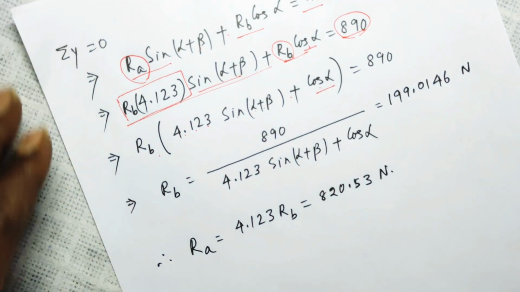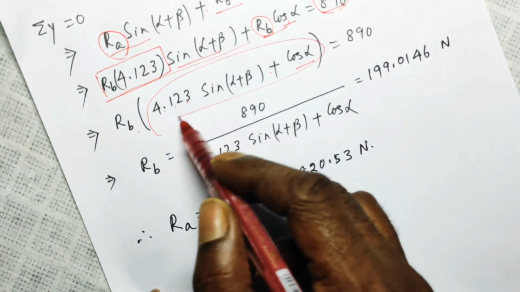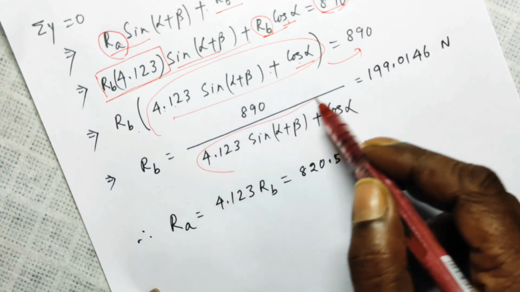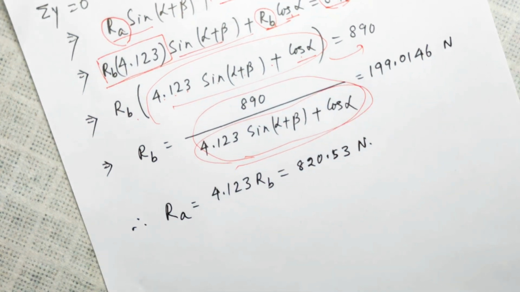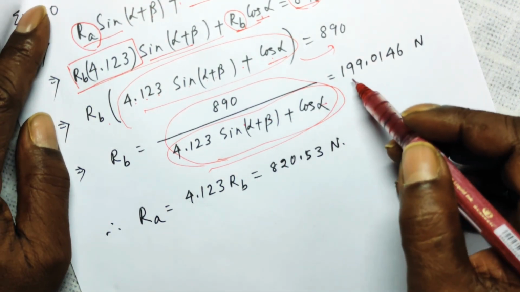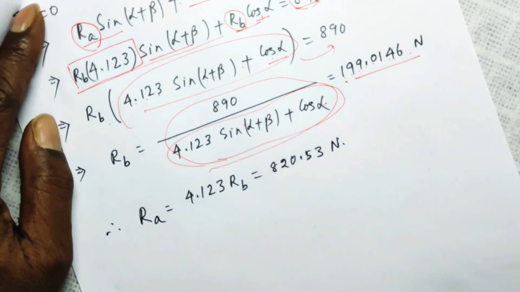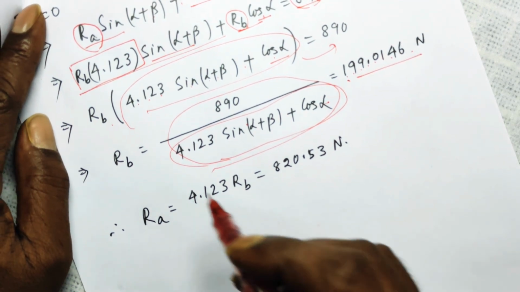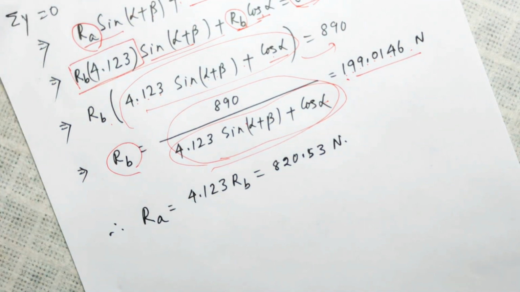Now alpha and beta are already calculated. So this term, if you take to the right hand side, it will be divided, and just in one set put this thing in a scientific calculator. Alpha beta known, this comes out to be 199.0146 Newton.